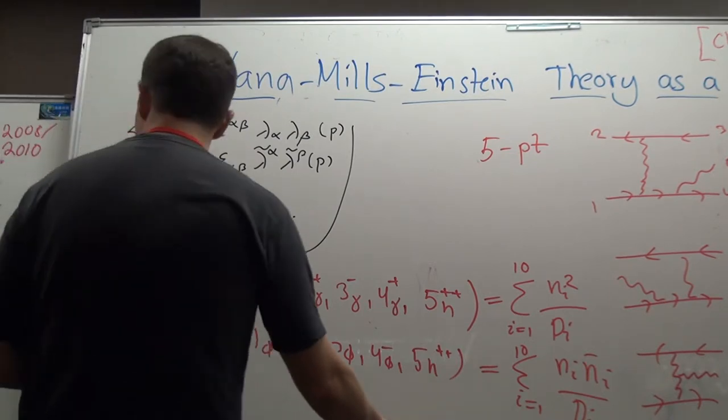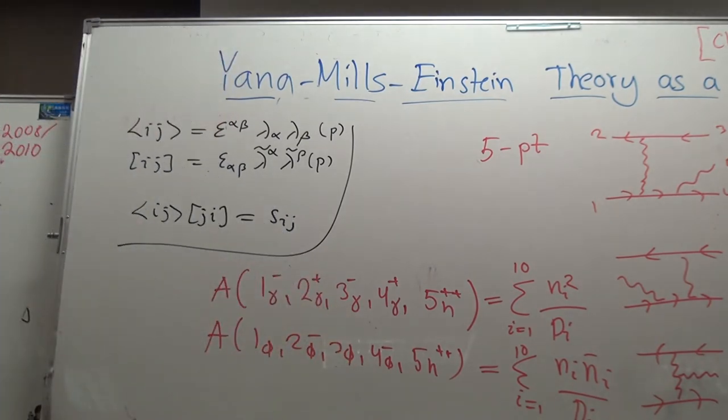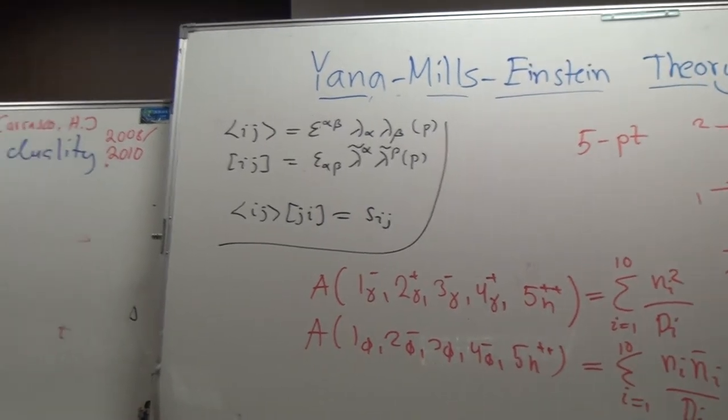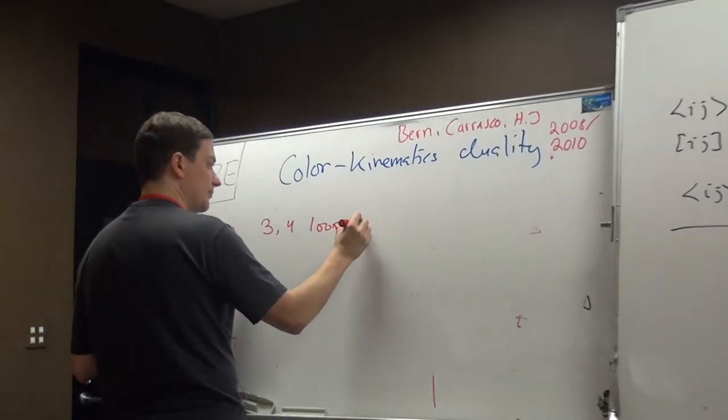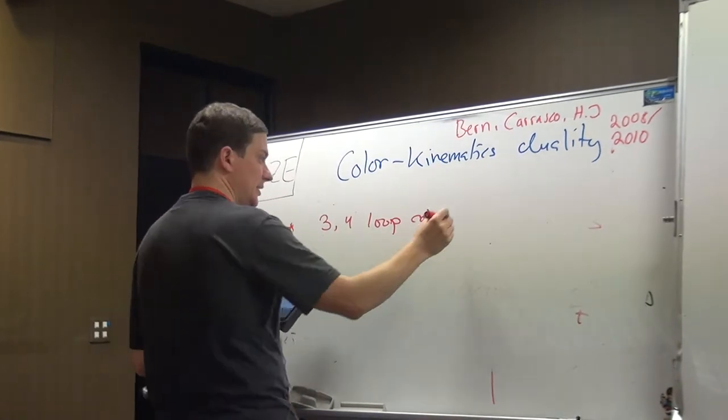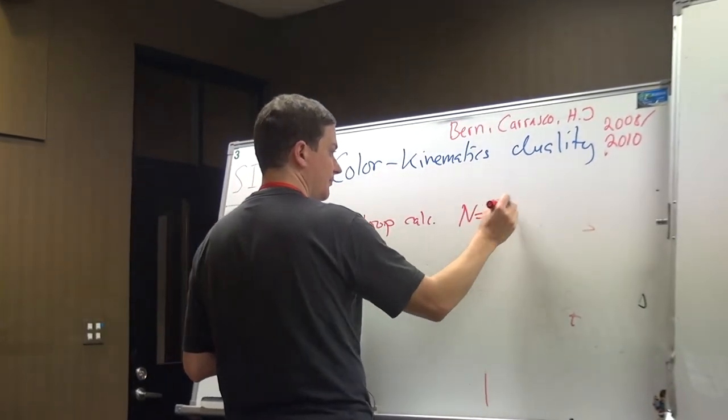So let me just list a few examples. In particular, there have been a number of calculations, and let's just mention a few of them. So there's been 3 and 4 loop calculations in N=8 supergravity.